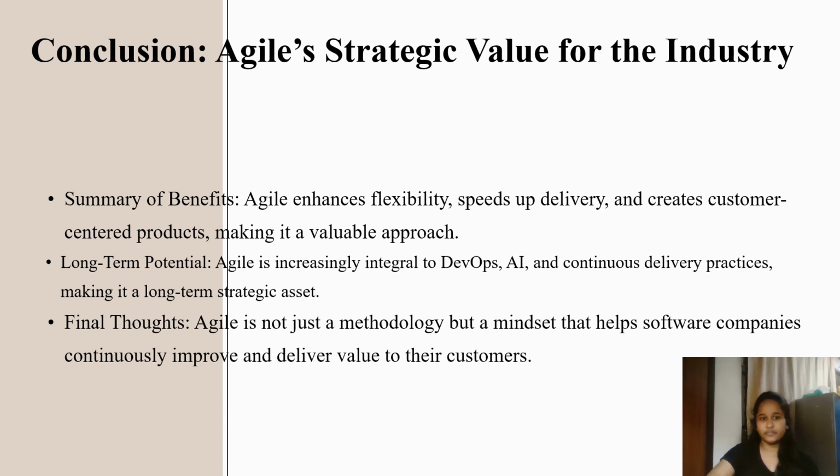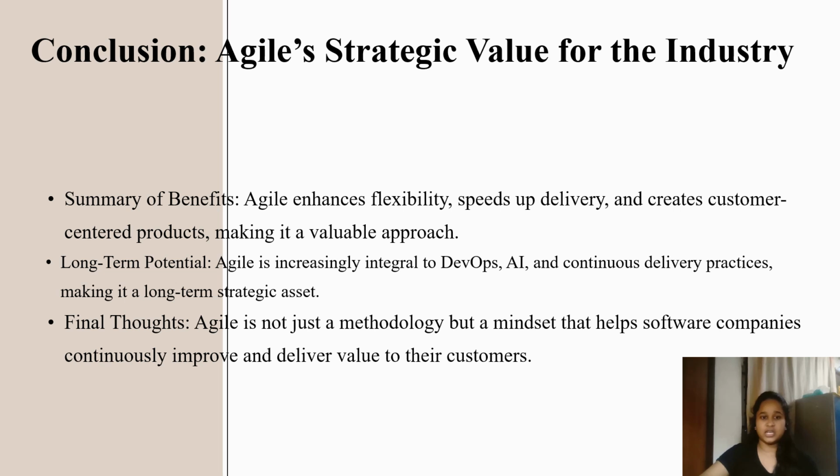And the conclusion: agile's strategic value for the industry. Coming to the summary of benefits, agile enhances flexibility, speeds up delivery, and creates customer-centered products through communication and knowing the requirements of the customers, and giving frequent releases of products, making it a valuable approach.